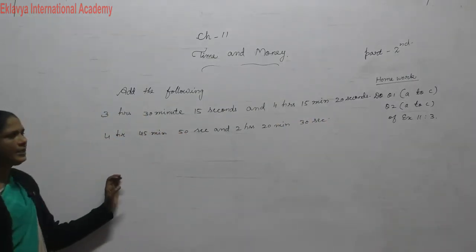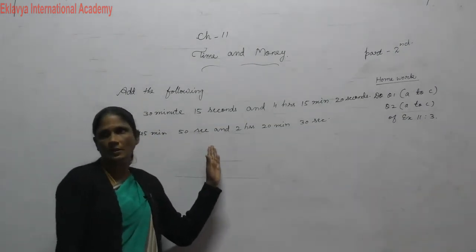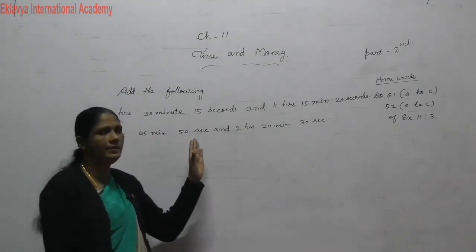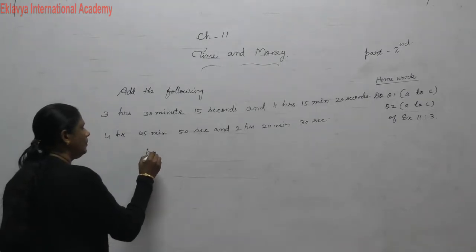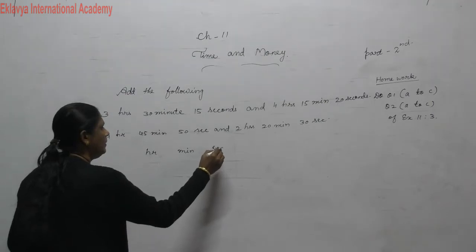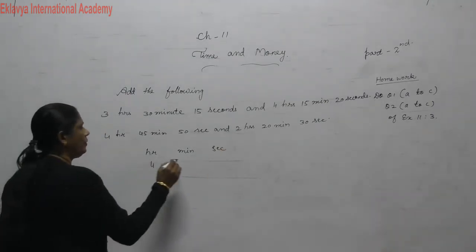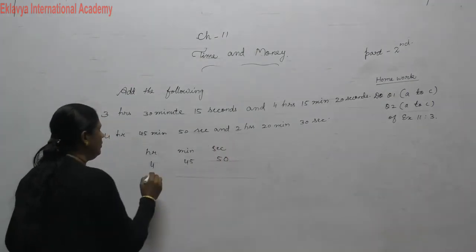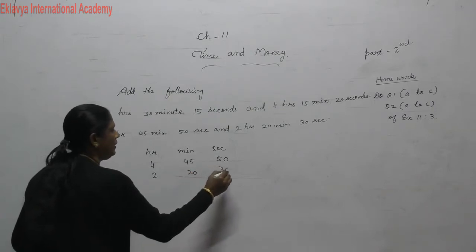Again you make 3 columns: hour, minute and second. Then you arrange these numbers: 4, 45, 50, here 2, 20, then 30.